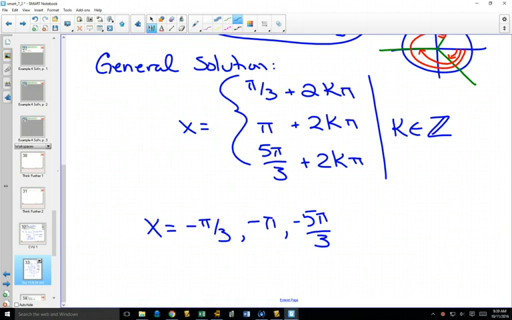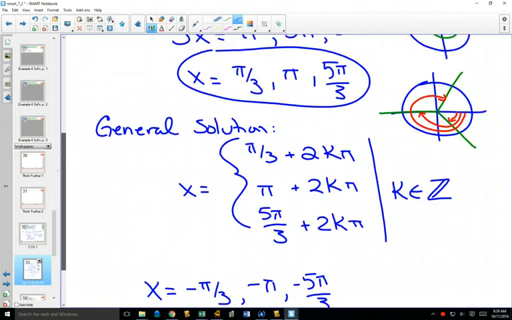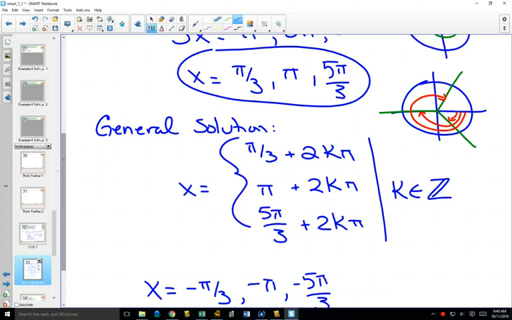So I know that 5 pi over 3 is my angle in quadrant 4, so if I'm going in the negative direction, that would be negative 5 pi over 3. Most of the time when I'm figuring out my negative angles, that's what I do. I think about where they are, and then I can figure out what those angles would be just from the picture.